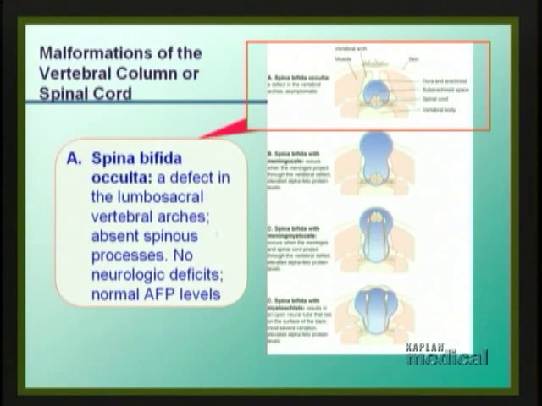Here, the only defect that is present is one or more missing spinous processes when the laminae of individual lumbosacral vertebrae fail to fuse in the midline. In this condition, the spinal cord develops normally. It's in its normal position, situated within the components of the meninges. So basically, as we point out here, there are no neurologic defects.